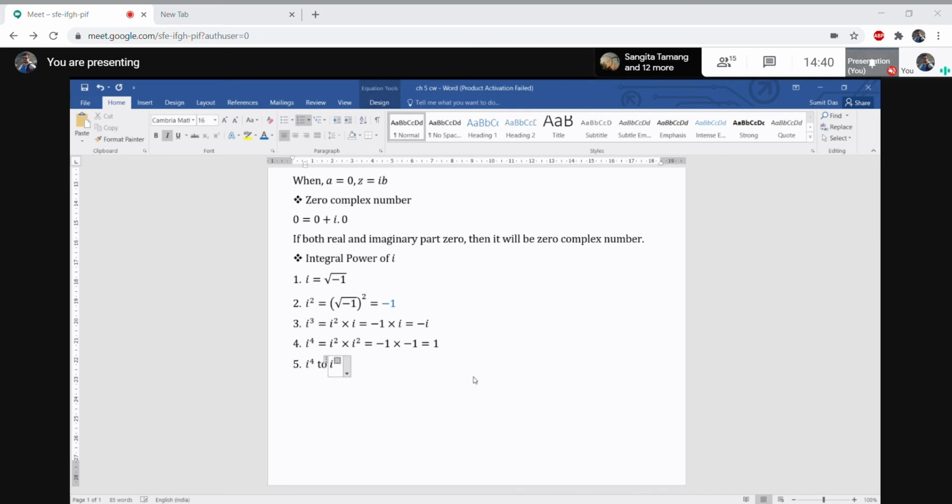Find out the value of i to the power 5 to i to the power 8. You will find that i to the power 8 will be 1. So the value of i will be 1 in the power of 4, a multiple of 4.